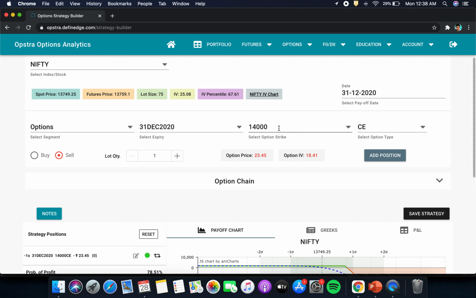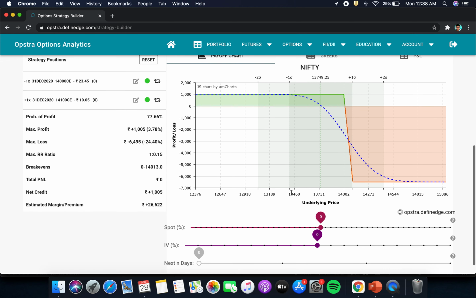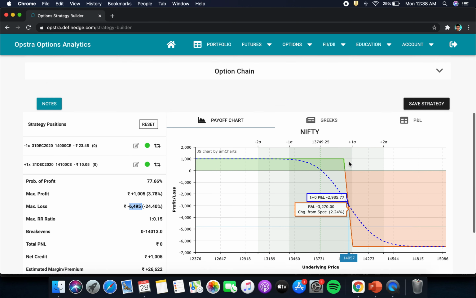So what we'll do is we'll hedge this. Basically we can hedge this with 14,100, and this becomes your call spread. So as long as Nifty is below 14,013, you will make a profit of 1005, which is basically the premium multiplied by 75, which is the lot size for Nifty. And in case the market starts going above your break even, that is 14,013, you can have a maximum loss of 6,495. So this is what a call spread is.